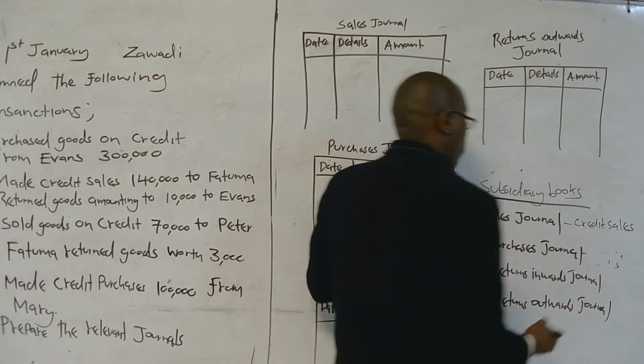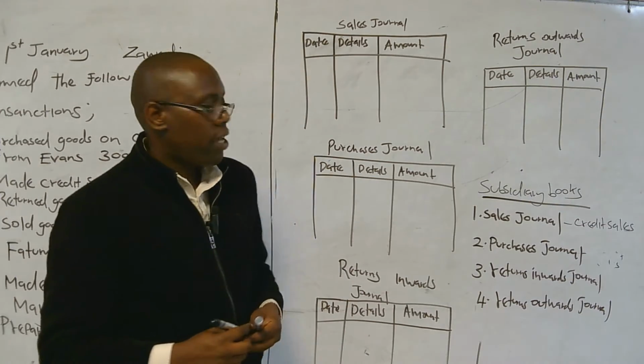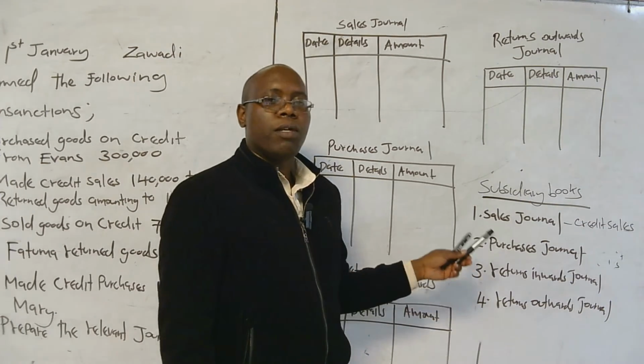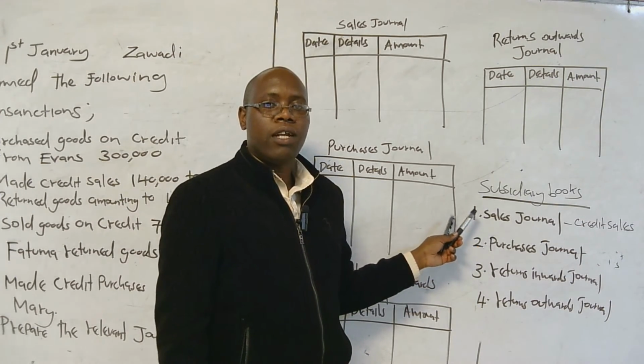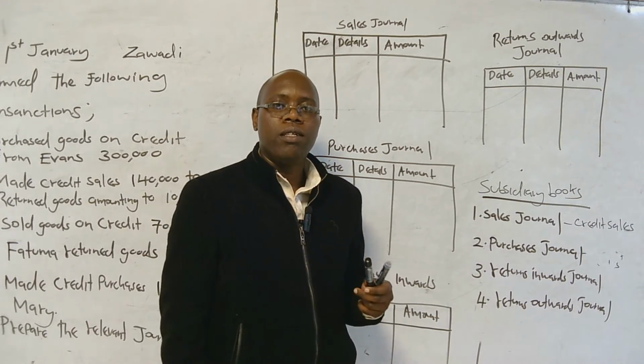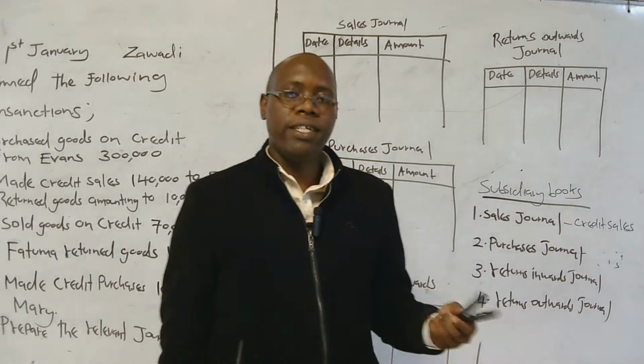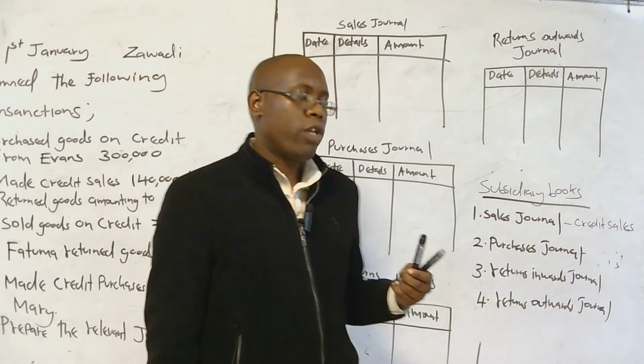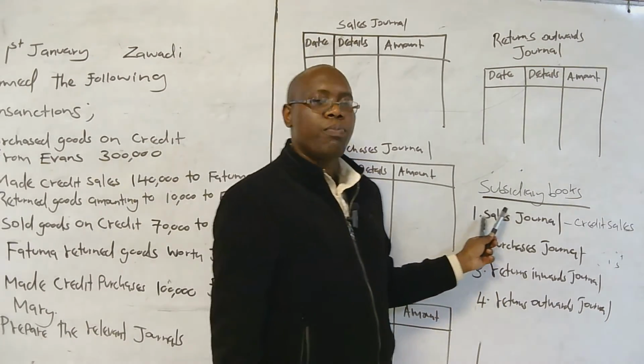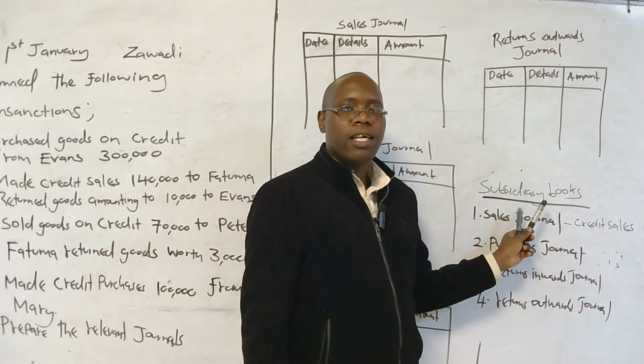When you sell on credit, you sell commodities and the customers are going to pay you later. So you are supposed to record it under the sales journal.